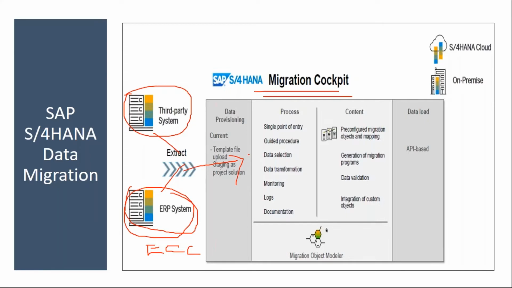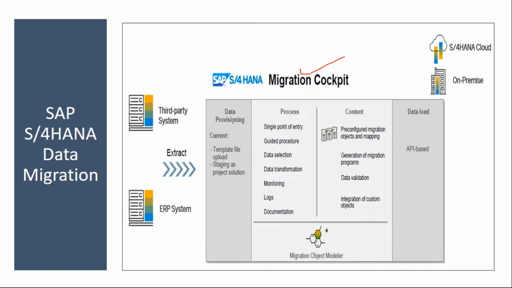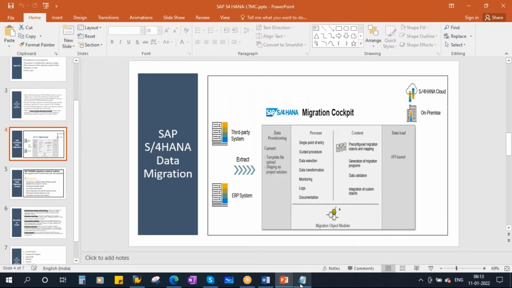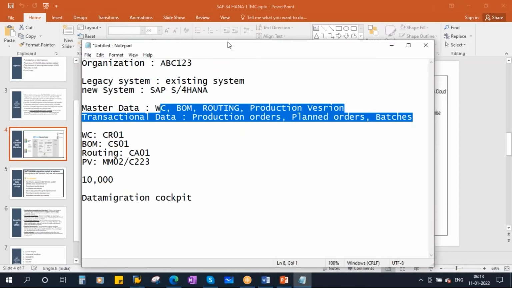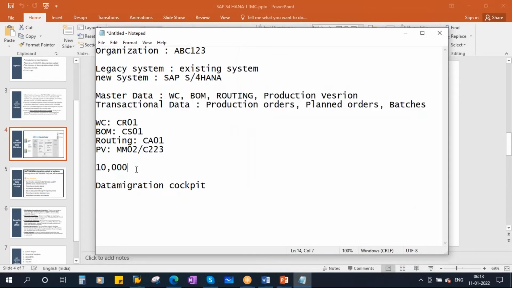In the S4HANA migration cockpit, you already have the templates ready. They download the template, fill the data, validate the data, and then finally upload. So that's what you will be doing. Simple. LTMC is a very simple tool to use.